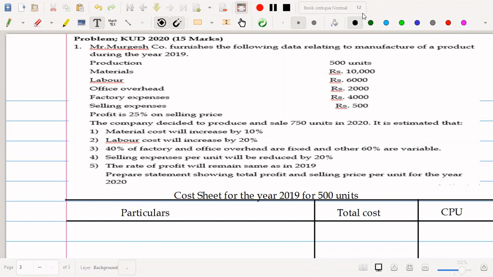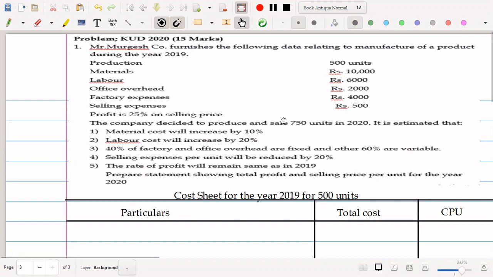Production was 500 units, material rupees 10,000, labor rupees 6,000, office overhead rupees 2,000, factory expenses rupees 4,000, selling expenses rupees 5,000. Profit is 25% of selling price. So this is regarding 2019 information. So it has produced 500 units and these are the costs.